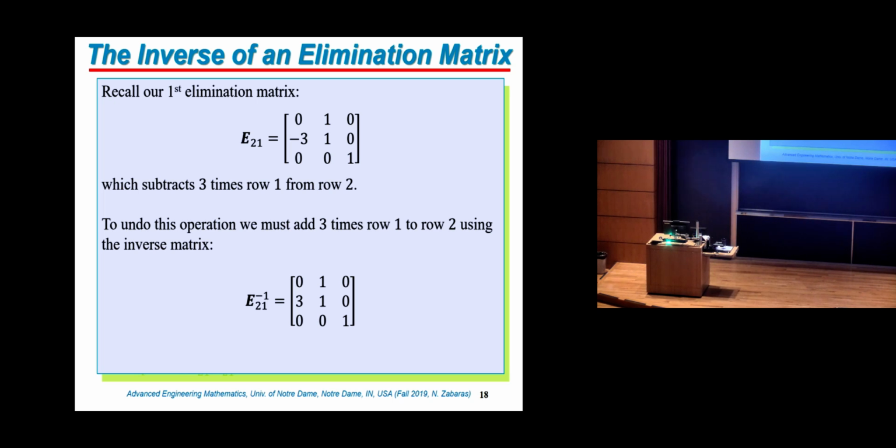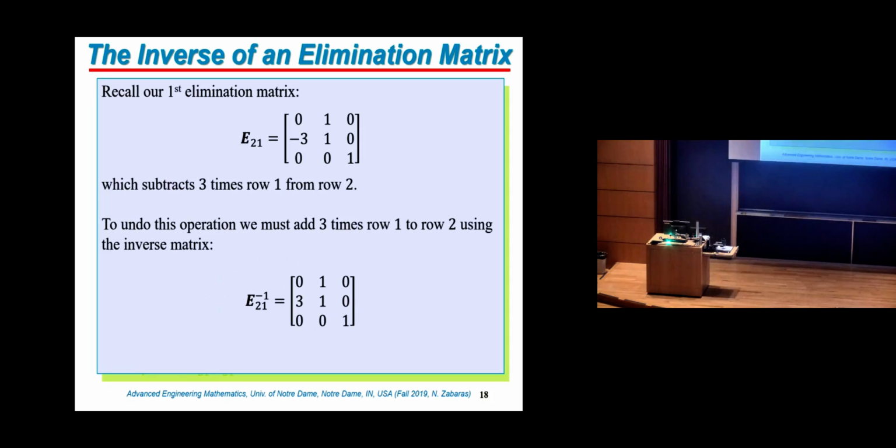So it has to do what? Add 3 times row 1 to row 2. And how will that look like? It will look like this, where instead of -3, this is 3. And remind me, what is the number 3? From where did the number 3 come?